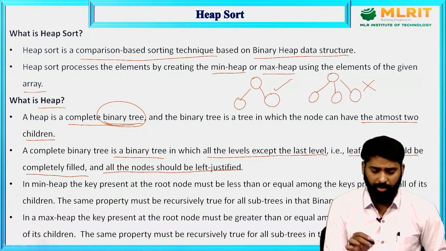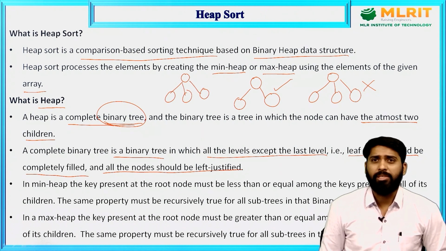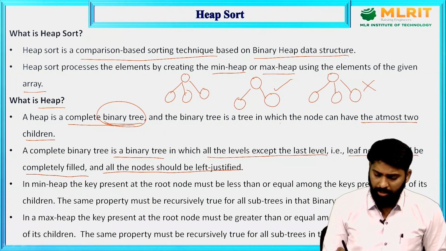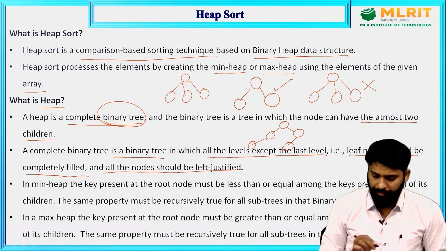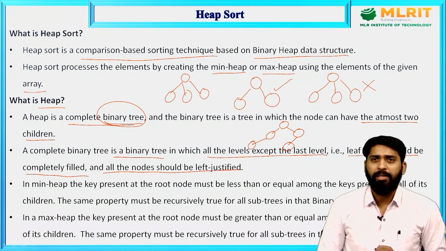For example, this is a tree, but it is not a binary tree, because a binary tree has at most 2 children. Now consider this tree. This is a binary tree but not a complete binary tree.